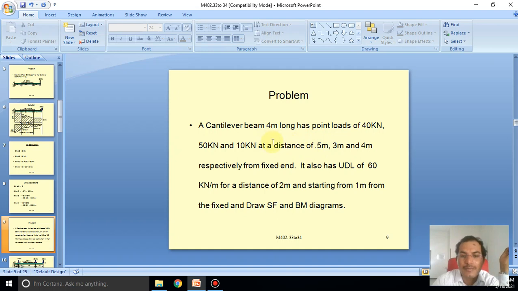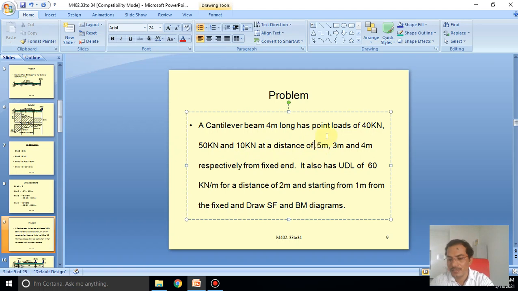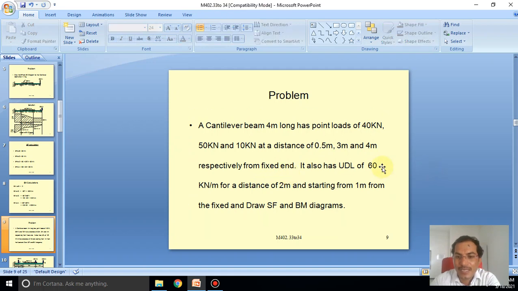The cantilever beam 4 meter long has point loads of 40 kilonewton, 50 kilonewton and 10 kilonewton at distances of 0.5 meter, 3 meter and 4 meter respectively from the fixed end.